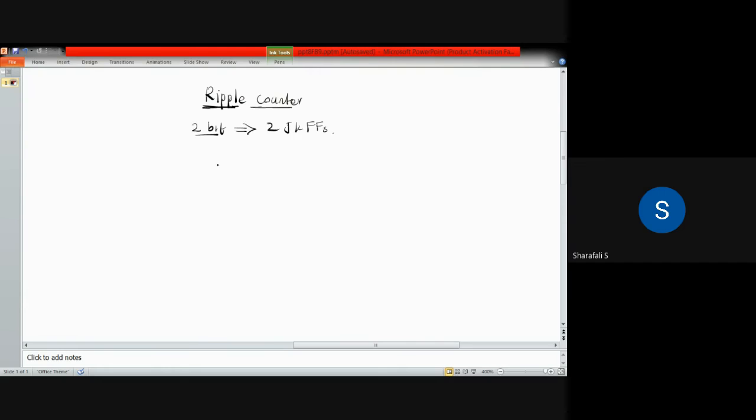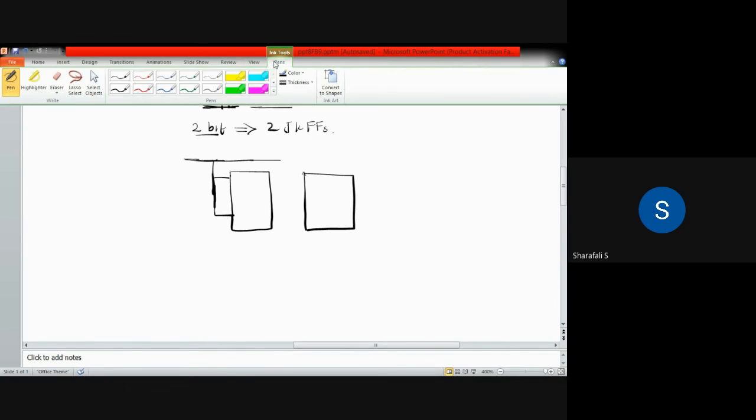And the diagram will be like, as we discussed earlier, the diagram for this particular asynchronous counter or ripple counter. We have J values, K values like this.